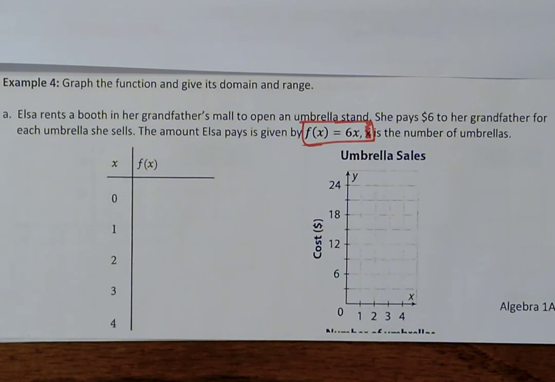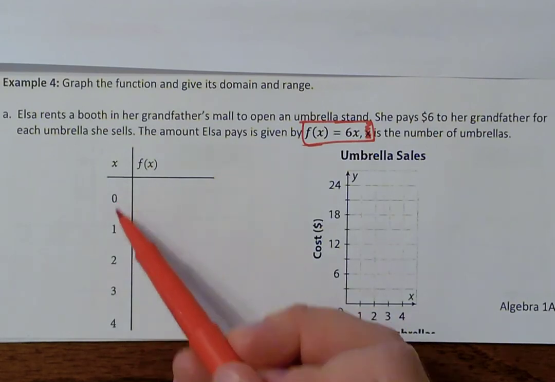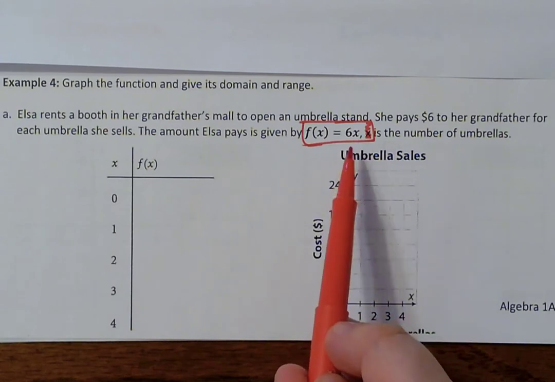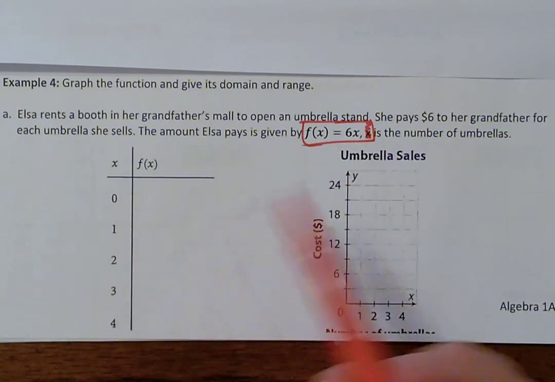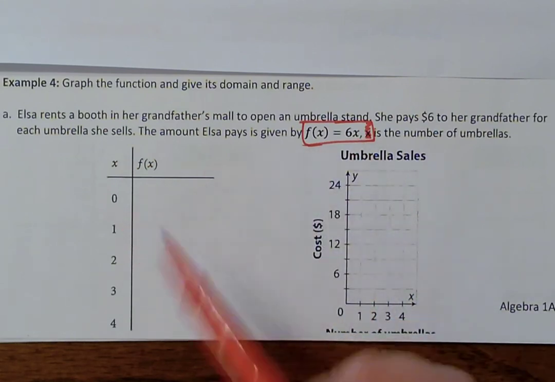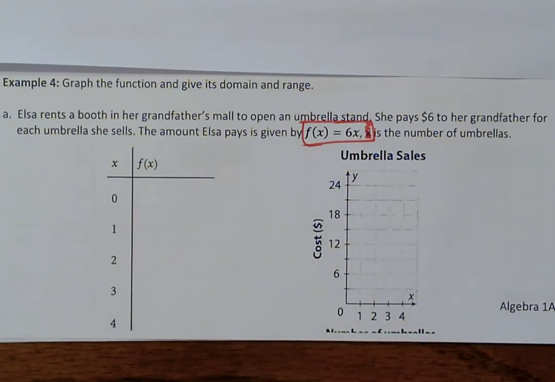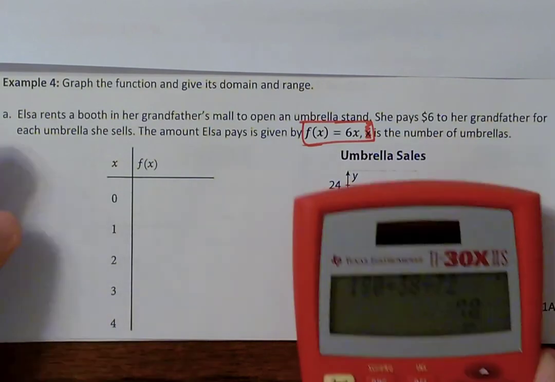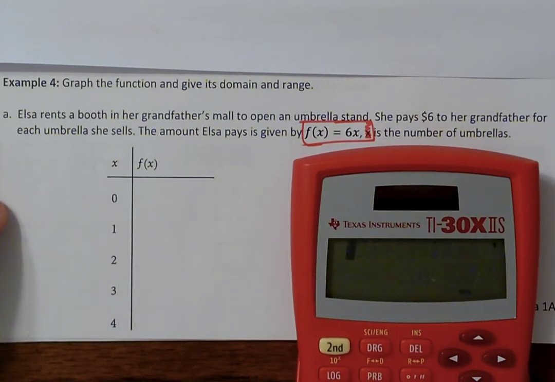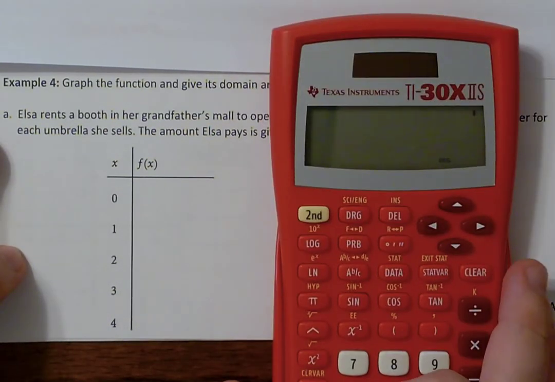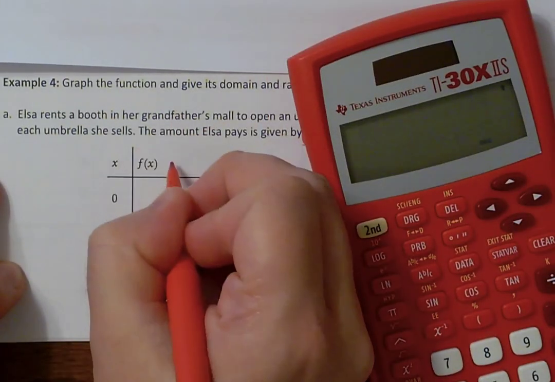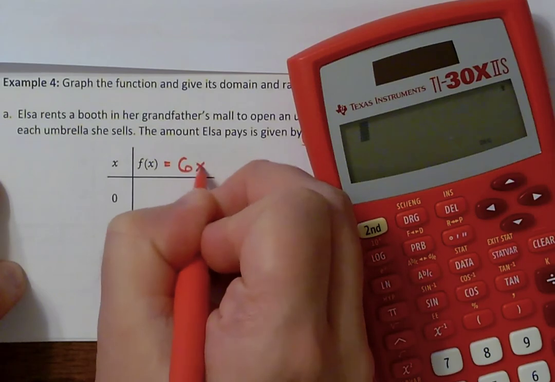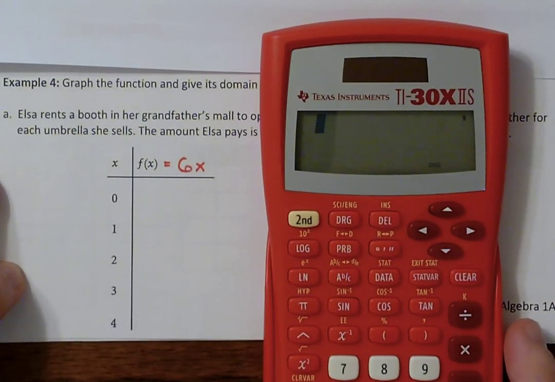Now, if we plug 0, 1, 2, 3, and 4 in for x, that means we're going to do 6 times all of these numbers. So 6 times 0, 6 times 1, and so on. We're going to grab our calculator and figure these out. So our equation is 6x, which means I need to do 6 times my values for x.